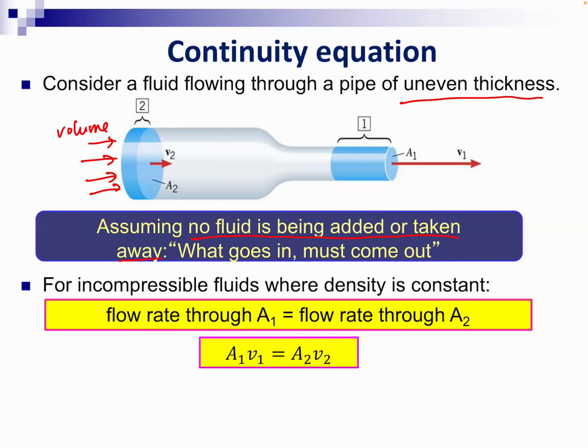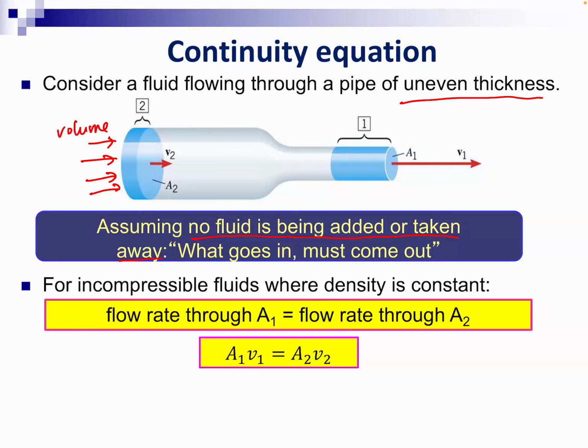So therefore, the flow rate through each of these cross-sectional areas should be the same. So you should have equal flow rates through the larger pipe and the smaller pipe.